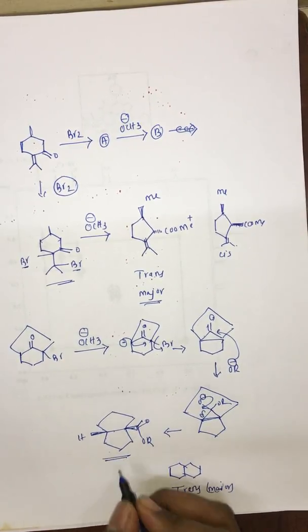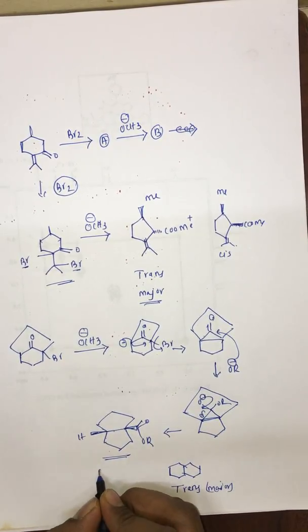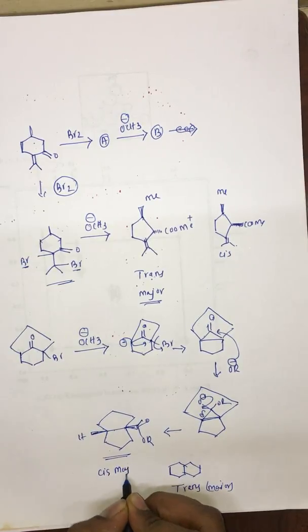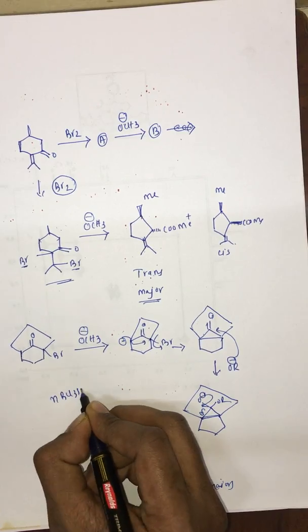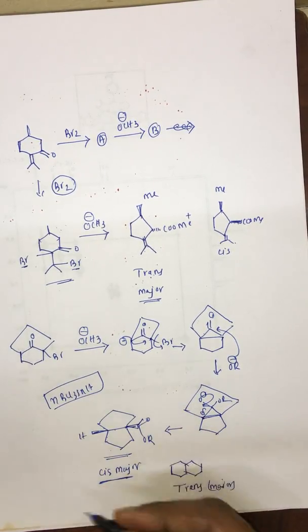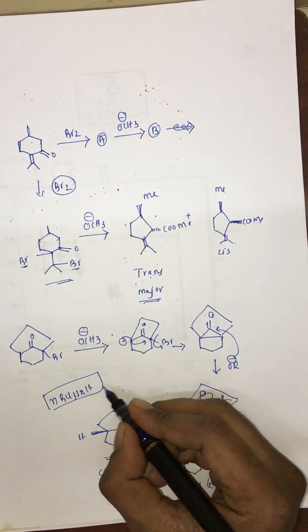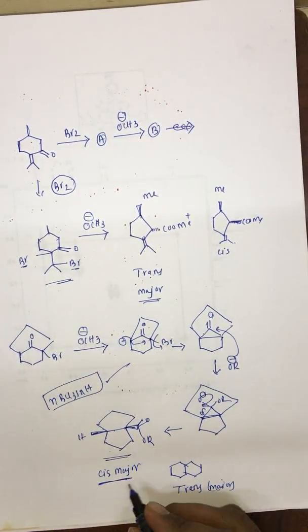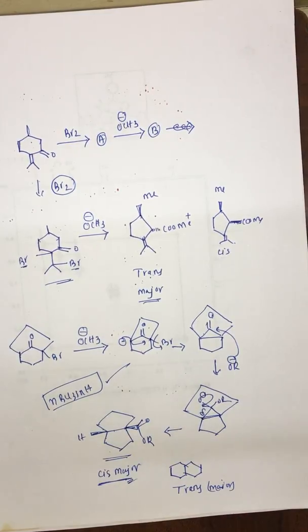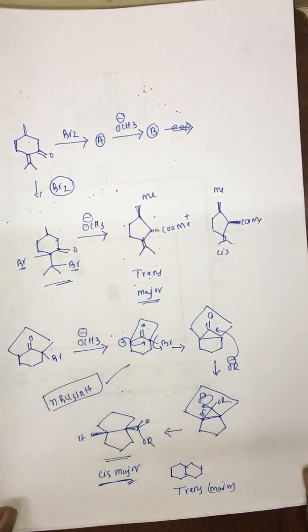When two 5-member rings are fused, in that case always this product is major. Just remember this point. In case of NBu3SnH, this kind of stereochemistry will come. So I'll also make a video on this NBu3SnH. At that time we'll talk about the cis and trans geometry in the case of two 5-member fused systems.